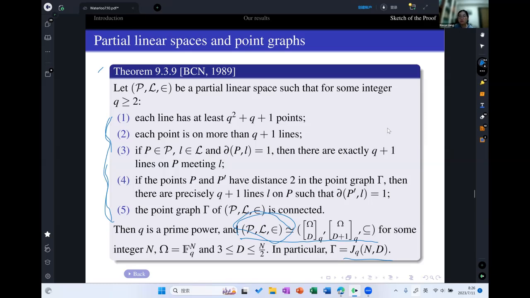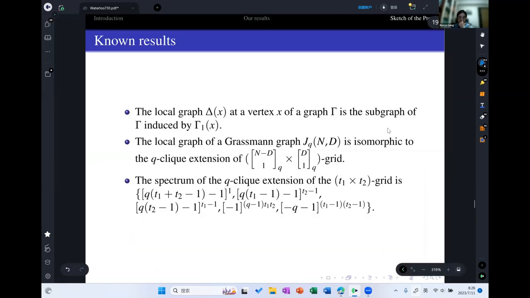So we want to construct a partial linear space. But how to do that? For the Grassmann graph, we know some results. Firstly, we define the local graph. The local graph at a vertex x of a graph gamma is the subgraph induced on gamma 1x.